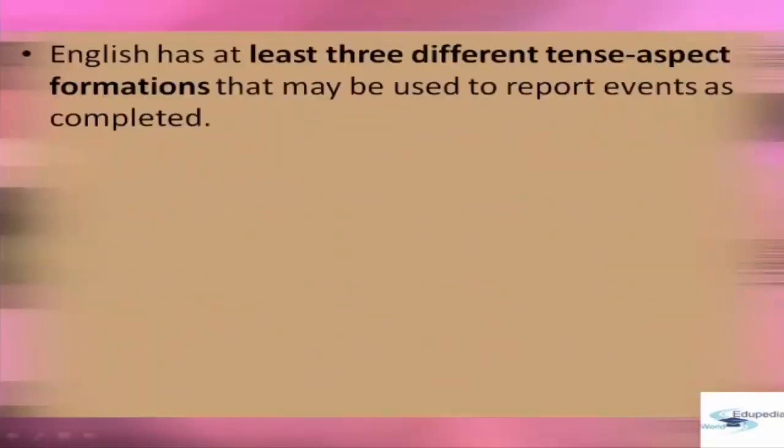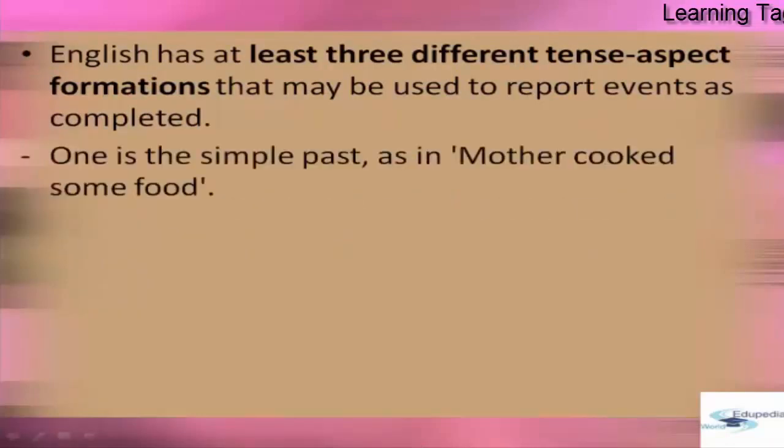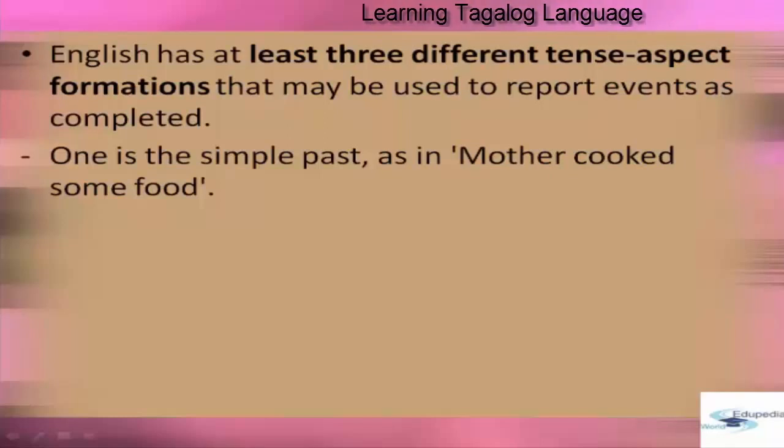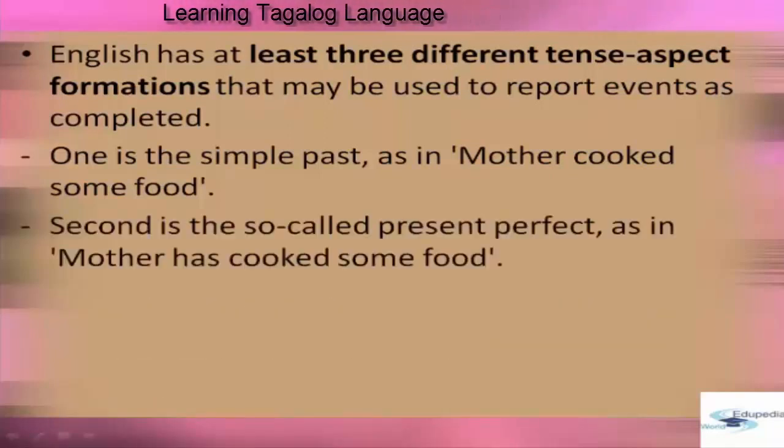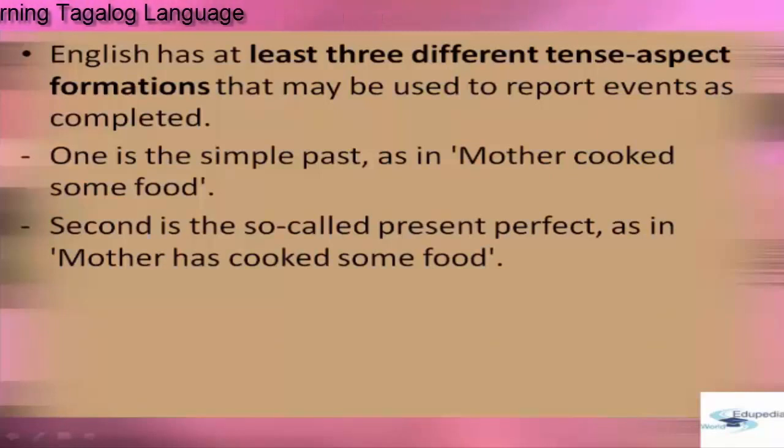English has at least three different tense-aspect formations that may be used to report events as completed. The first one is the simple past, as in mother cooked some food. Second is the so-called present perfect, as in mother has cooked some food.